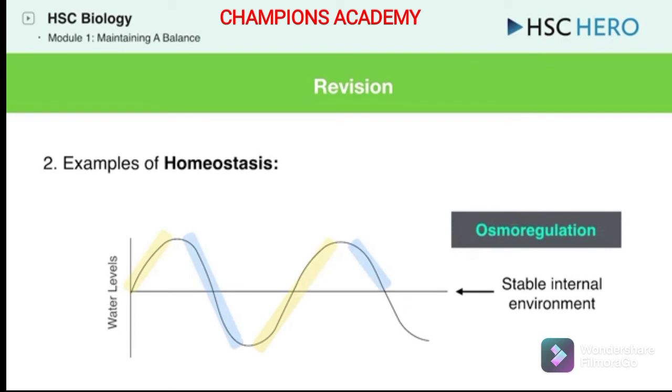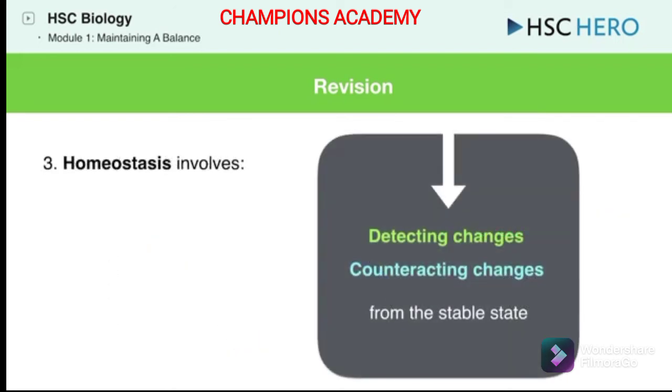This is best illustrated using a sine curve that shows us why homeostasis is able to keep it at a relatively stable constant temperature. The body is able to detect and counteract a high temperature and low temperature in our body. This concept can also be used with osmoregulation, controlling the body's water levels to ensure that it is kept at a constant range.